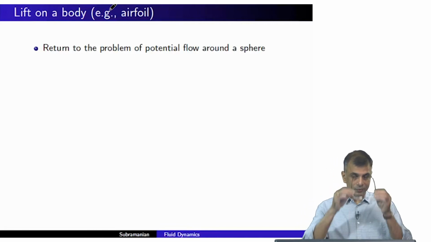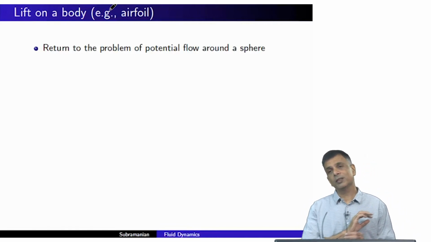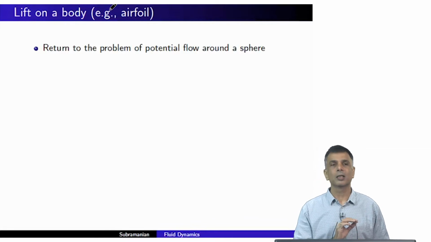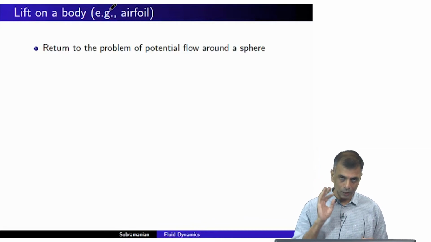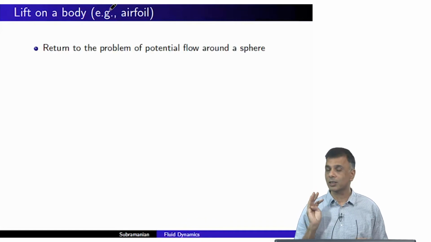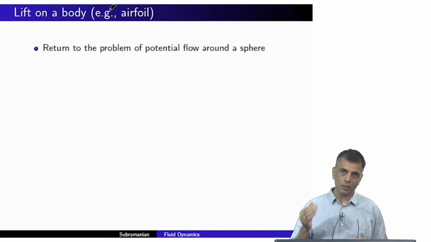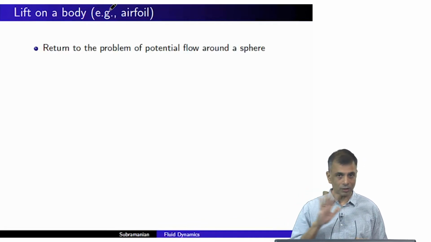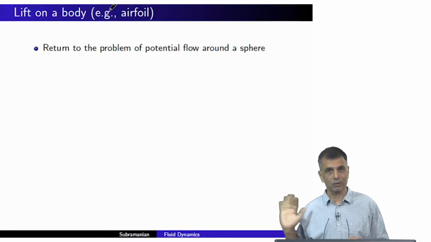Right. So before even talking about what we are now specializing, remember, to incompressible flows, not yet compressible. Let us now return, before we add circulation, to the problem of potential flow around a sphere.